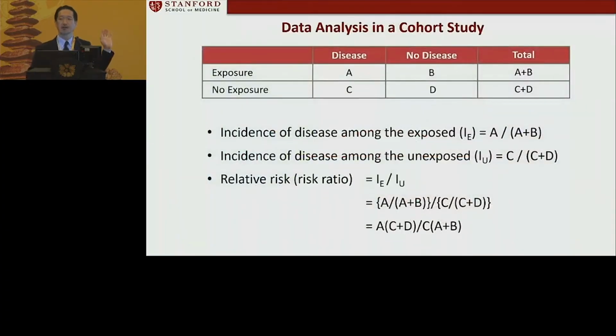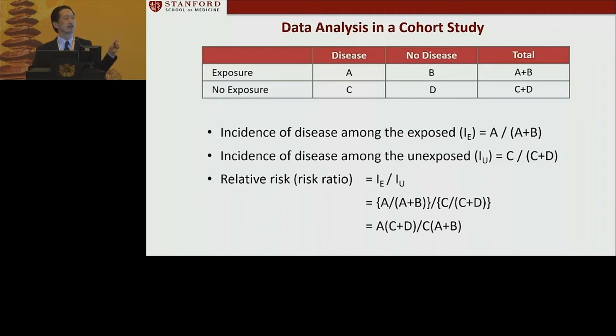Now, when you have all these data analyzed, the next step is looking at the incidence of disease among the exposed and disease among the unexposed. So for people who have diabetes in the first row, the incidence of HCC will be A divided by the total, and the incidence for people without diabetes, the second row, will be C divided by the total.